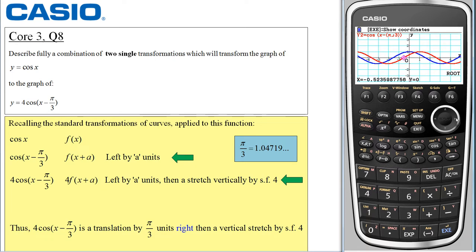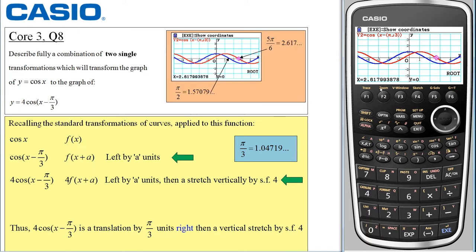And if I move to the right, I get this number, 2.617, and so on. Well, this number here is actually 5 pi by 6. You can see there the difference between pi by 2 and 5 pi by 6 is indeed pi by 3. So the Casio graphical calculator has been helpful in confirming this translation of pi by 3 units to the right.